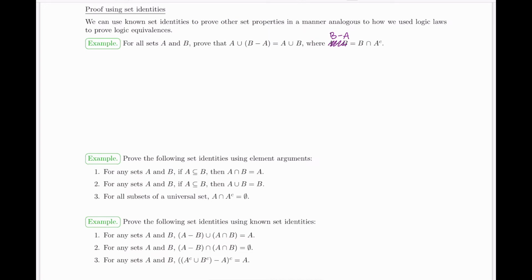Let's construct a Venn diagram just to see what kinds of intuition there is behind the definition of this particular operation. So I'm going to have my sets A and B in the most general position here.